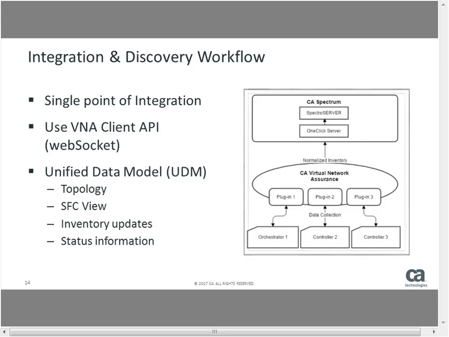Then Spectrum talks to this VNA client API and pulls its inventory and all other information into Spectrum, where you can see everything in terms of topology view, service function view, and then other updates and information in various OneClick views.